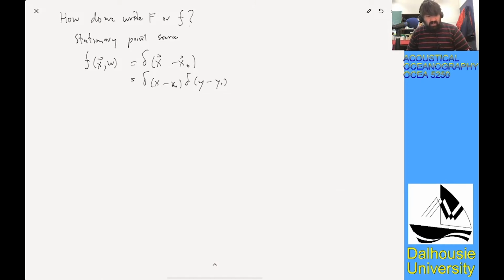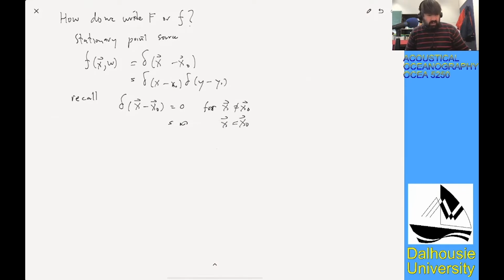So let's recall a few things about delta functions that are handy. Recall the definition of the delta function at x naught. It means it's 0 for x not equal to x naught and is equal to infinity when x is equal to x naught.